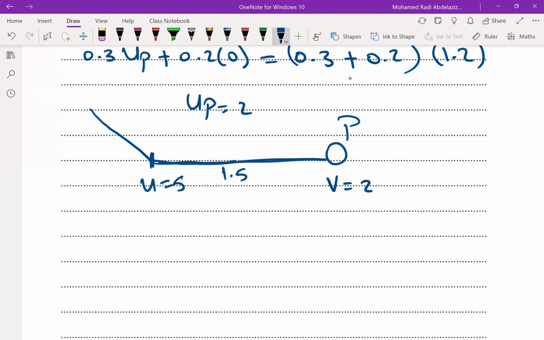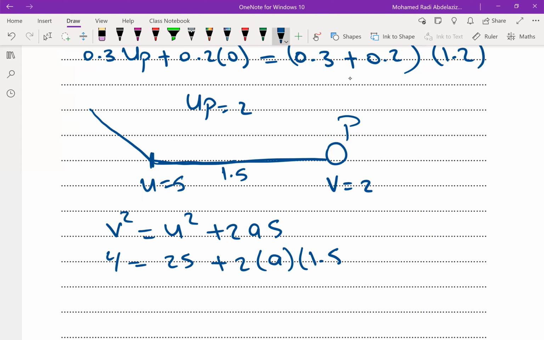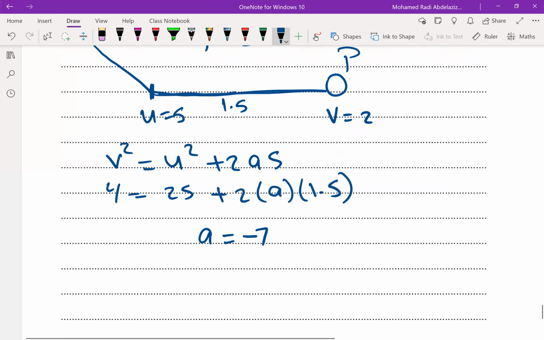You can find the acceleration in this part. v squared equals u squared plus 2as. The final velocity squared is 4, the initial velocity squared is 25, plus 2 times acceleration times displacement, which is 1.5. From this equation, you can find a: 4 minus 25, then divide the answer by 2 times 1.5. It's -7. The particle is decelerating with -7.